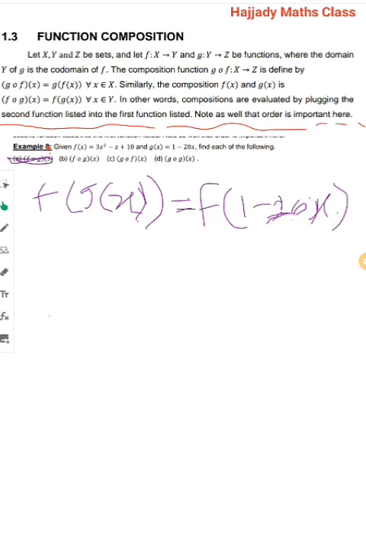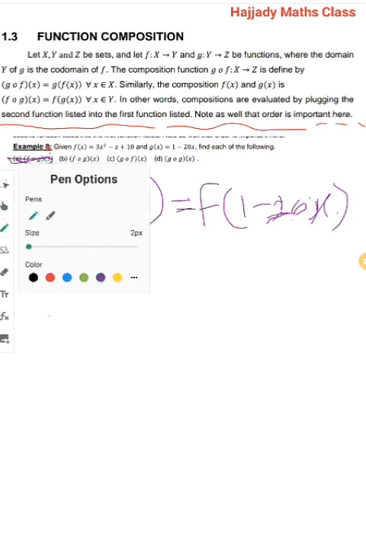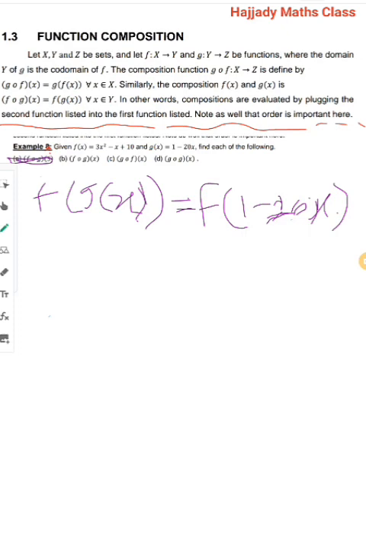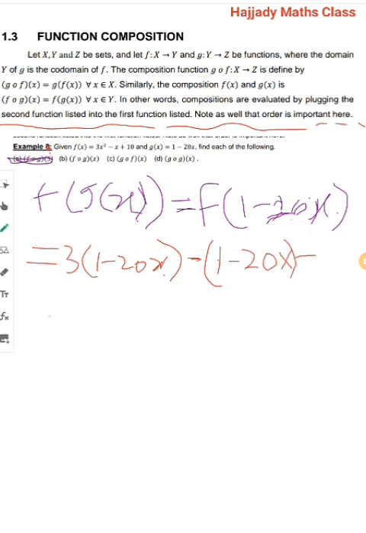So the function will now be 3 into bracket 1 minus 20x, minus this is our x, 1 minus 20x, plus 10.